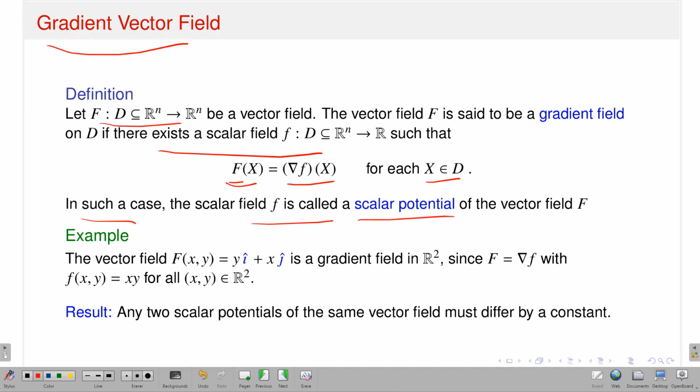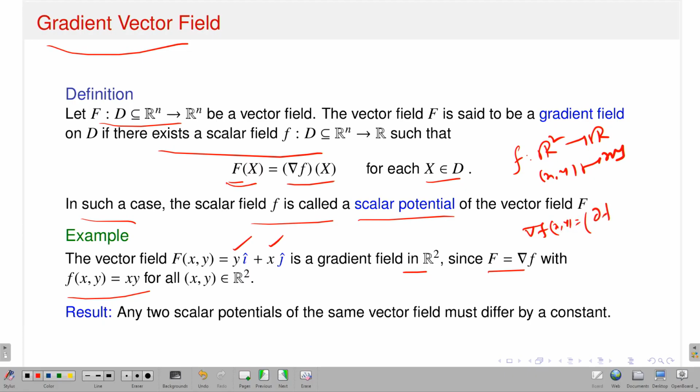One very simple example: the vector field F of x, y is equal to y i cap plus x j cap. That means I am flipping x, y to y, x. It is a gradient vector field. Why? Take the function f from R2 to R, where x comma y goes to x times y. Now, what is the gradient of f at the point x comma y?